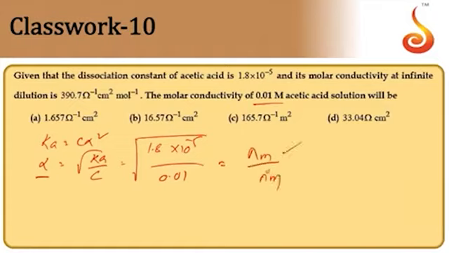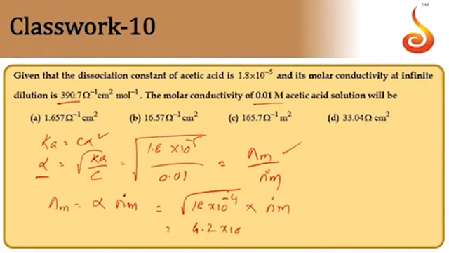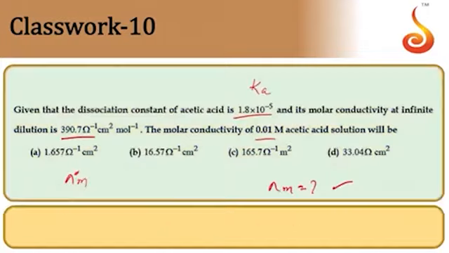We require lambda molar, so lambda molar is equal to alpha into lambda naught molar, which implies square root of 18 into 10 to the power of minus 4 into lambda naught molar, which is given as 390.7. So finally it comes to 4.2 into 10 to the power of minus 2 into 390.7.